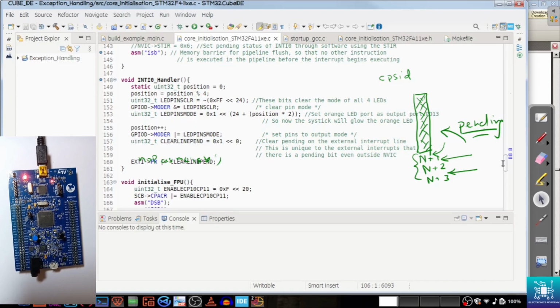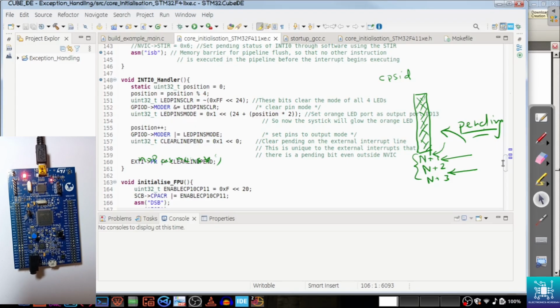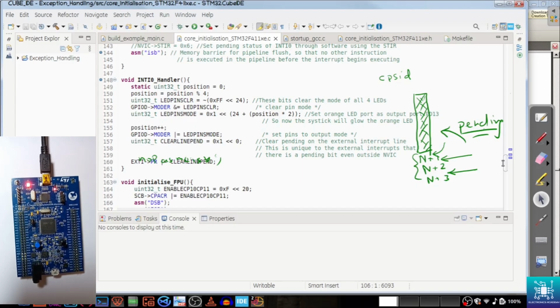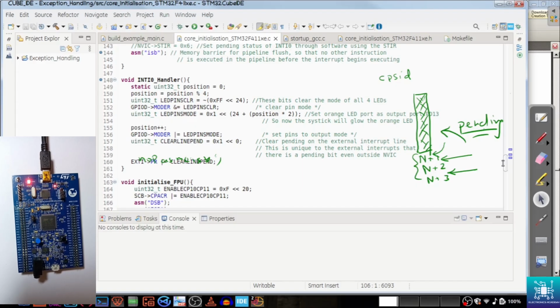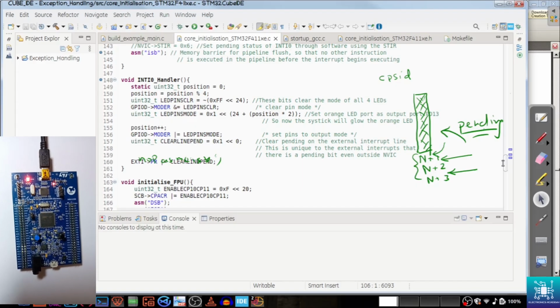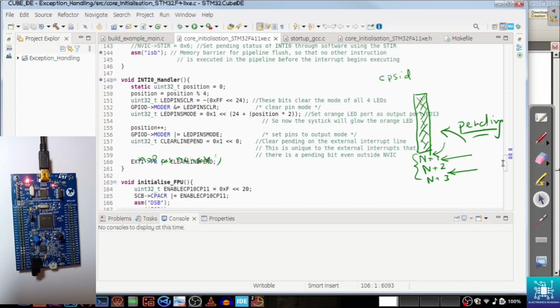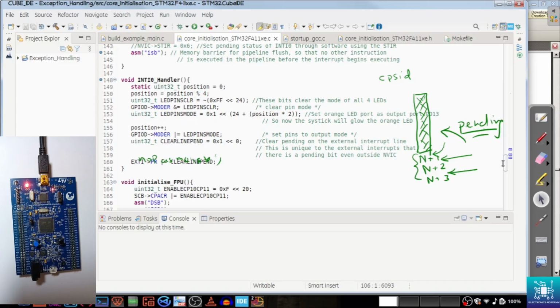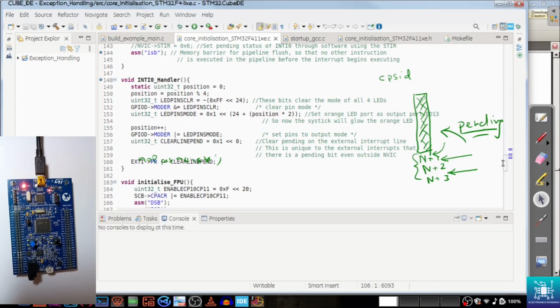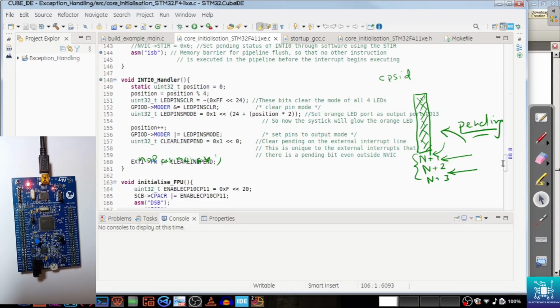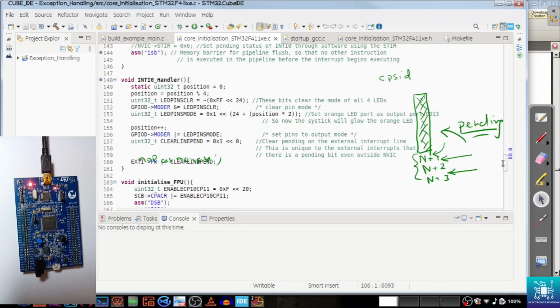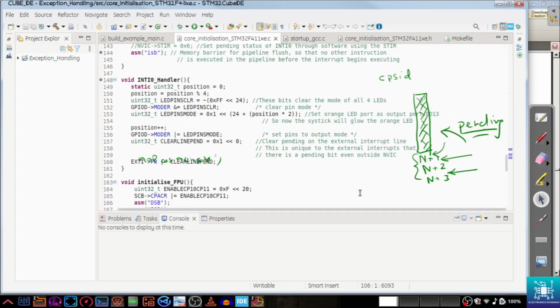Now if you really want to ensure that the LED is blinking every half a second, you can hold a stopwatch next to your board, take the timing for 10 or 20 blinks, and then divide it by the number of blinks, say 20, and you will see that you get around 0.5 seconds.